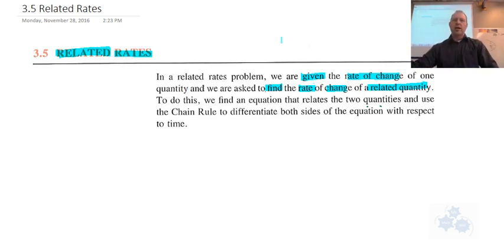To do this, we find an equation that relates the two variables together. So we need an equation that relates the two variables in the problem, and then we use the chain rule. Obviously, we can use all the rules: the power rule, the quotient rule, and all these different rules to differentiate. But we differentiate both sides of the equation with respect to time.